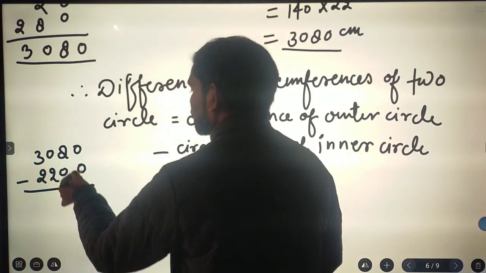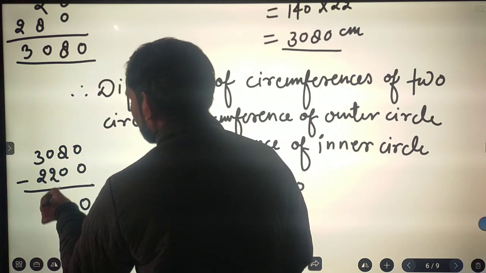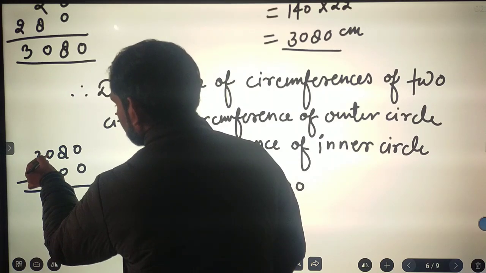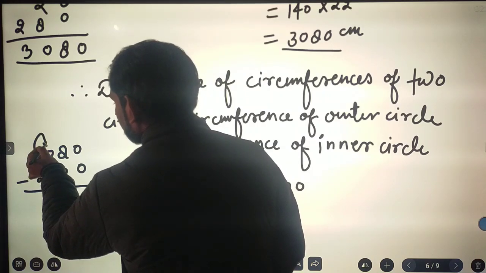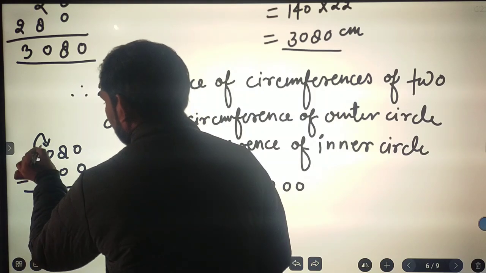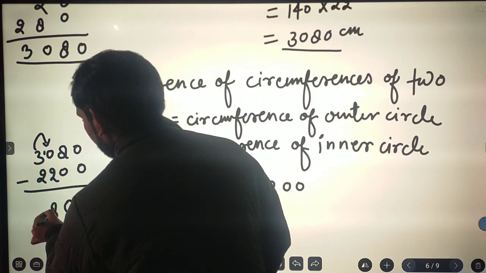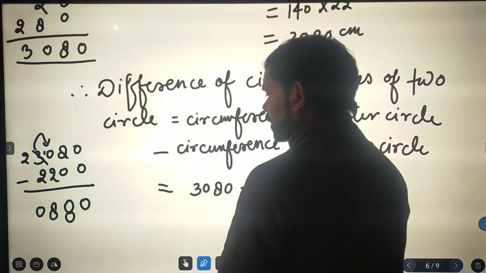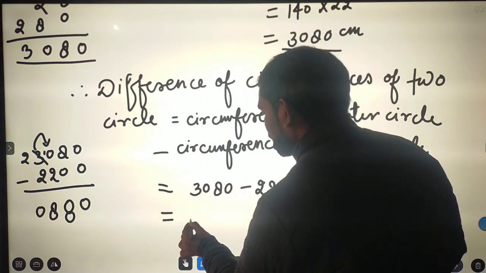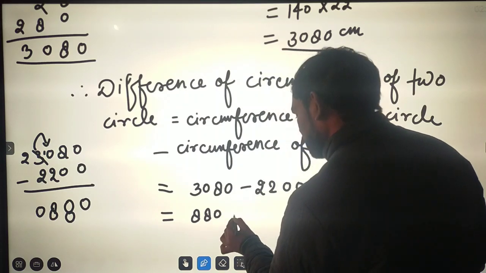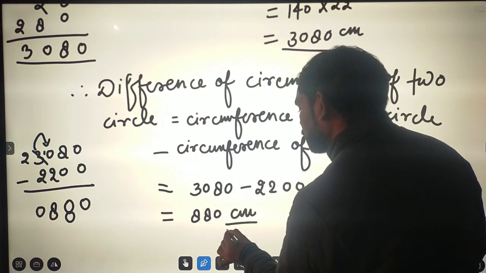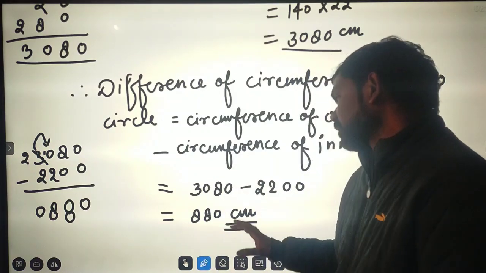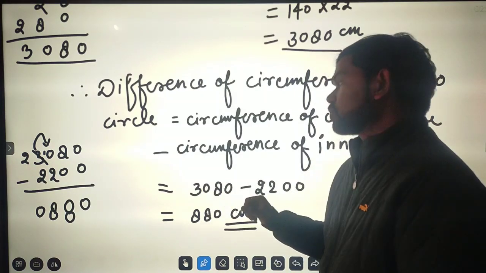The difference is 0 minus 0 is 0, 8 minus 0 is 8, then 0 borrows from 3 and becomes 10, and 10 minus 2 is 8, and 2 minus 2 is 0. Therefore the difference is 880 centimeter. So this 880 centimeter represents the difference between the circumferences of these two circles.